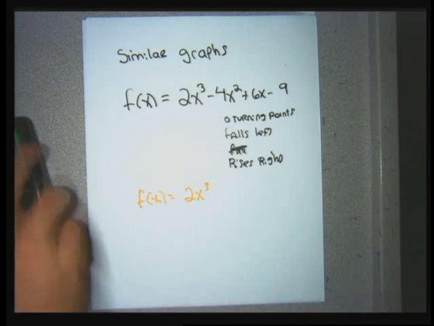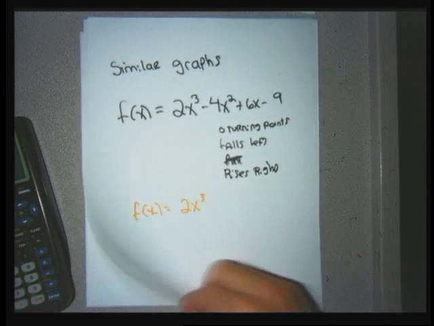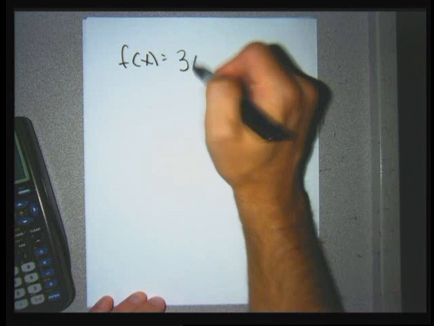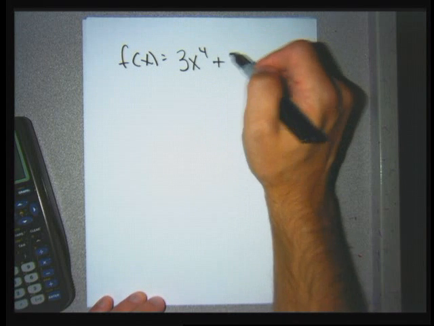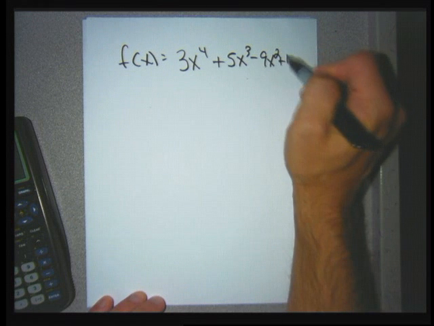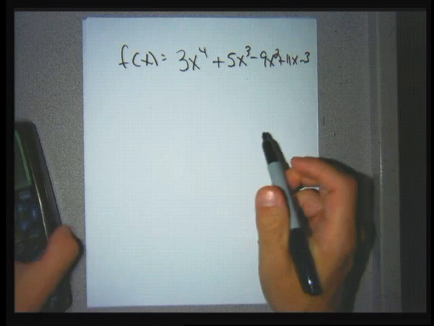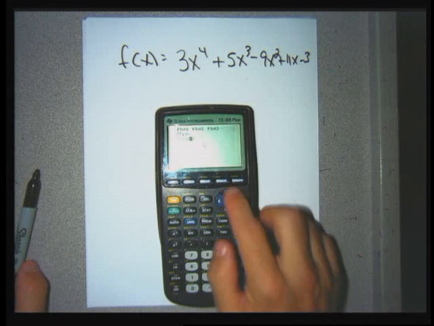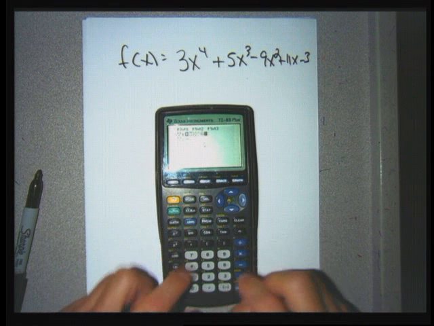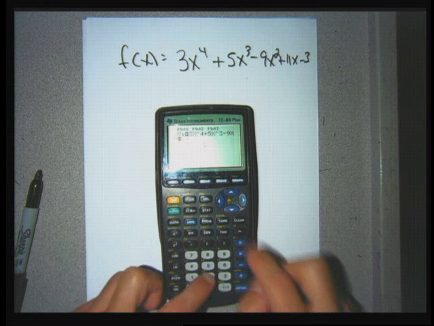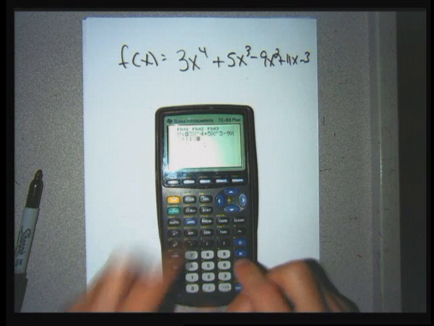So doing something like this, f of x equals, how about 3x to the fourth plus 5x cubed minus 9x squared plus 11x minus 3. Let me just graph that. So y equals, clear, 3x up arrow fourth plus 5x up arrow cubed minus 9x up arrow squared plus 11x minus 3.